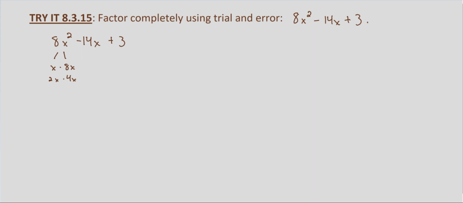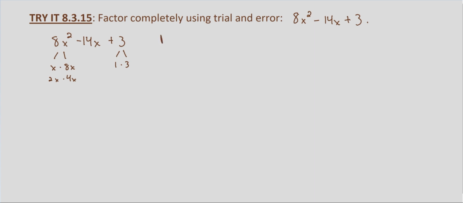Now we need to look at possible factors for all of the binomials based on the fact that we have factors of 1 and 3 for 3. So let's look at our possible factors and then look at their product.